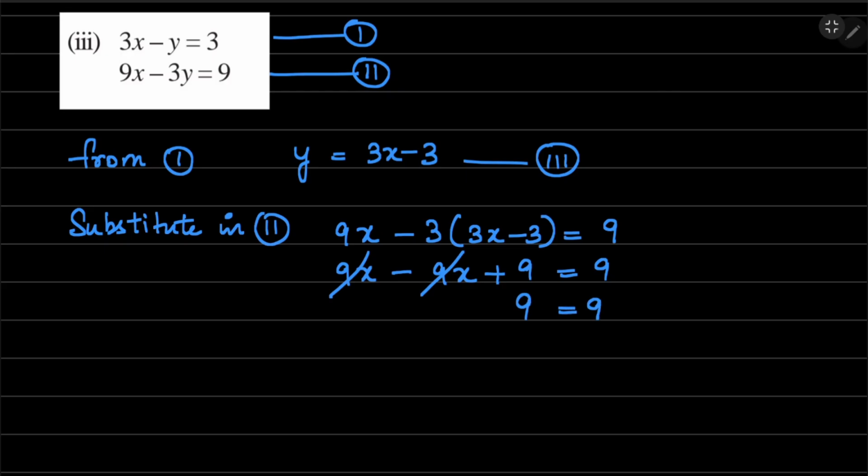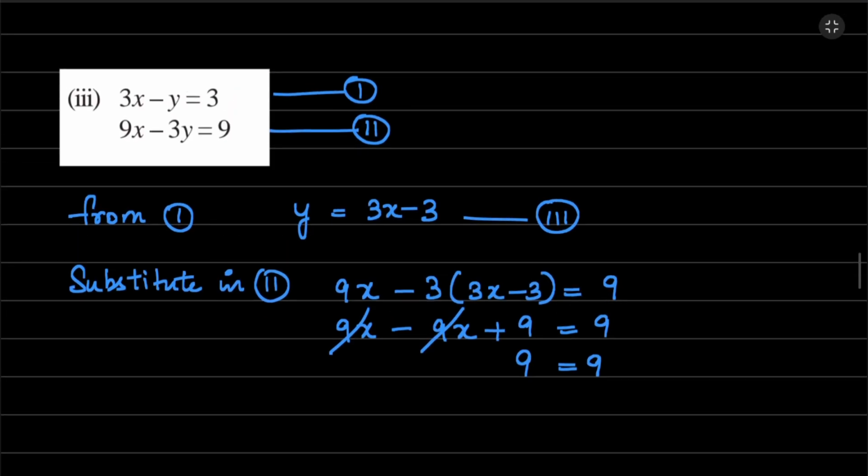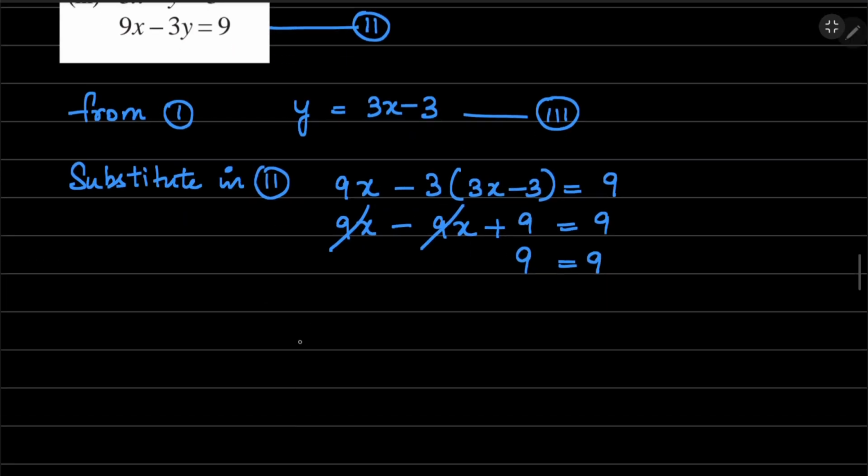Always remember, whenever one of the variables, here x itself, is getting cancelled, that means this pair of linear equations has infinitely many solutions.